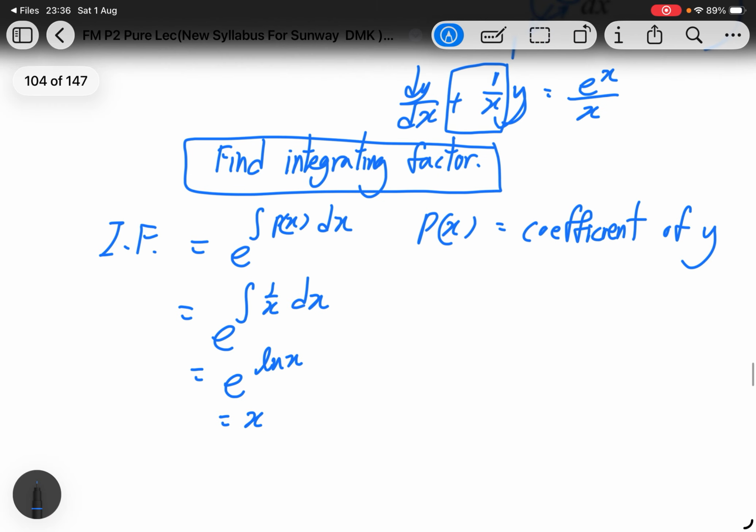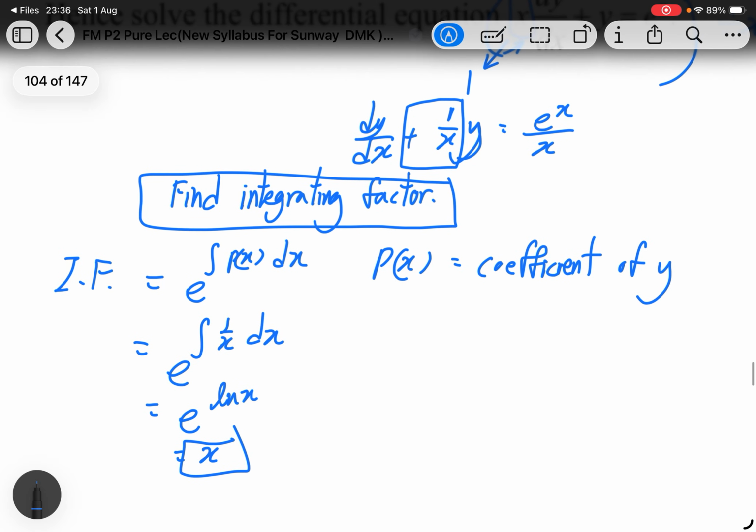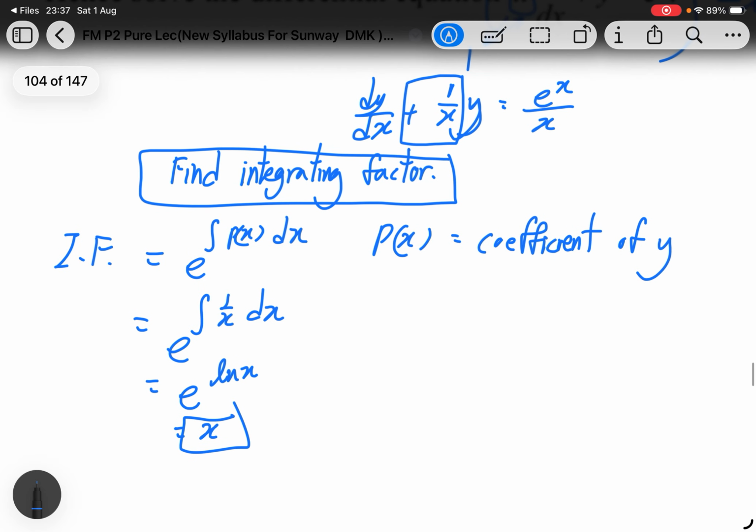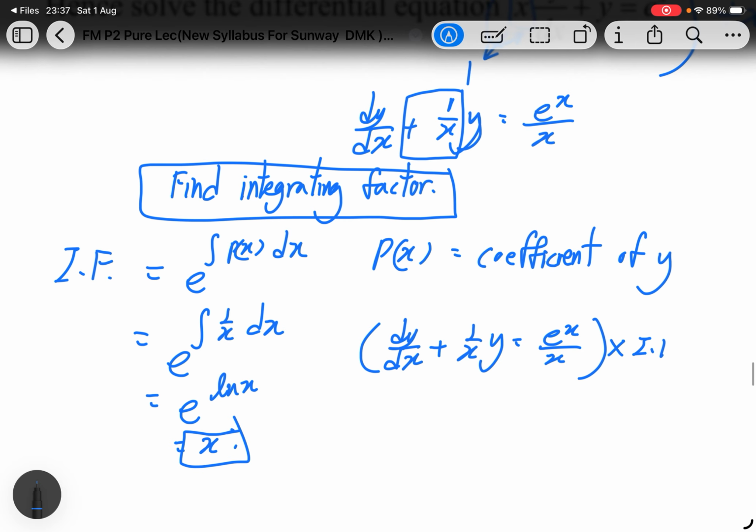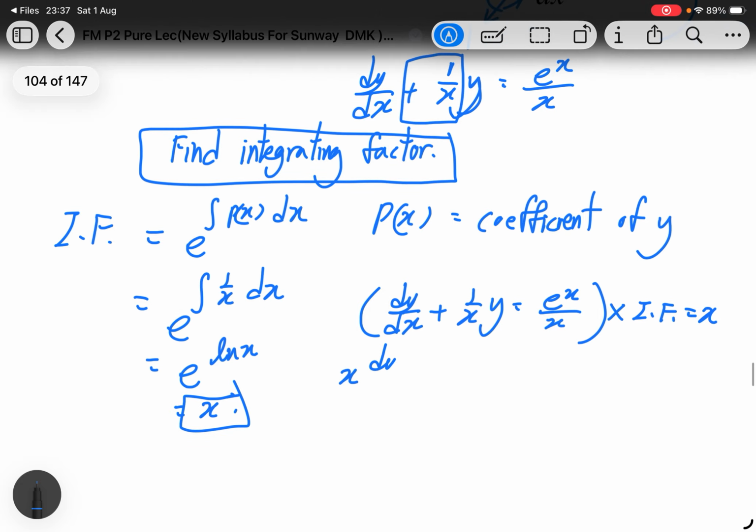Now with the integrating factor, what are we going to do with it? We'll multiply the whole equation with this factor. So dy/dx plus (1/x)y equals e^x over x, multiplied by the integrating factor, which is x. So I get x dy/dx plus y equals e^x.